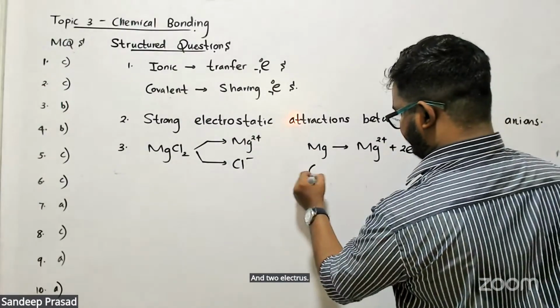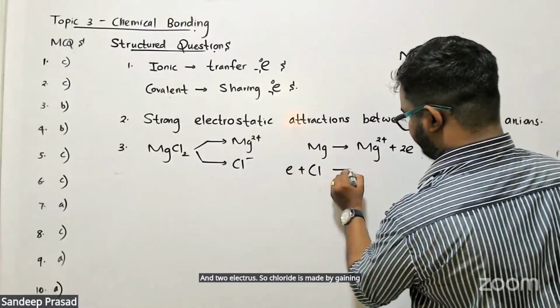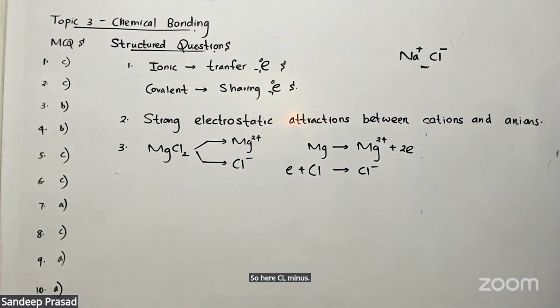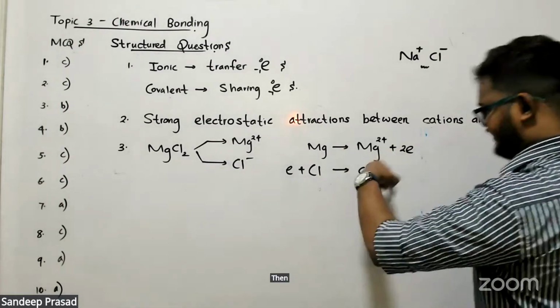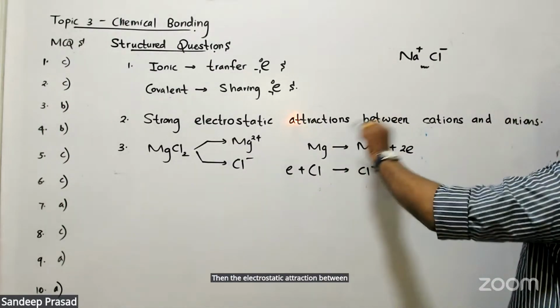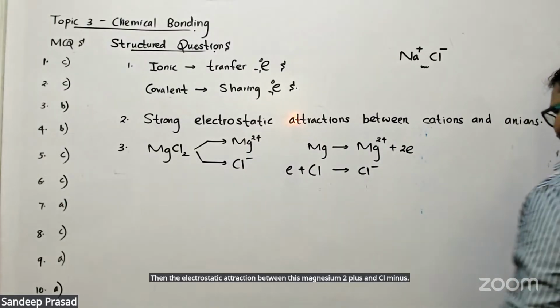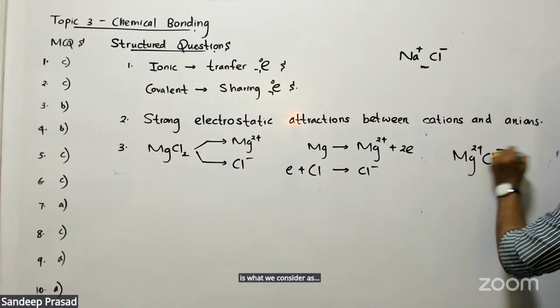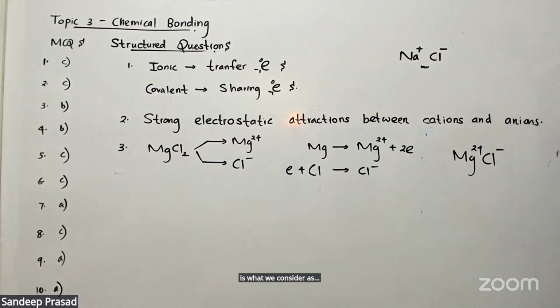Chloride is made by gaining 1 electron. So here Cl minus. Okay. Mg2 plus and Cl minus. Then the electrostatic attraction between this magnesium 2 plus and Cl minus is what we consider as the ionic bond of magnesium chloride.